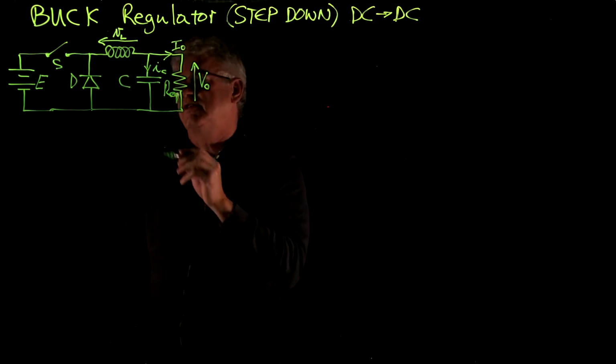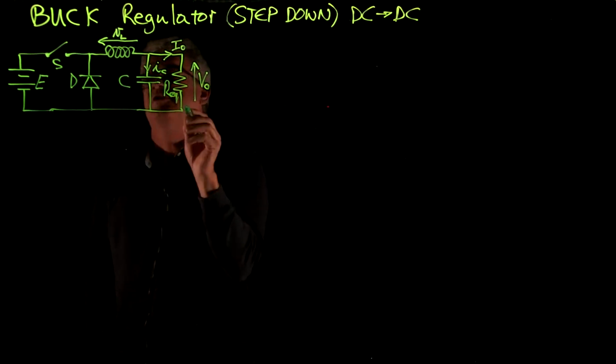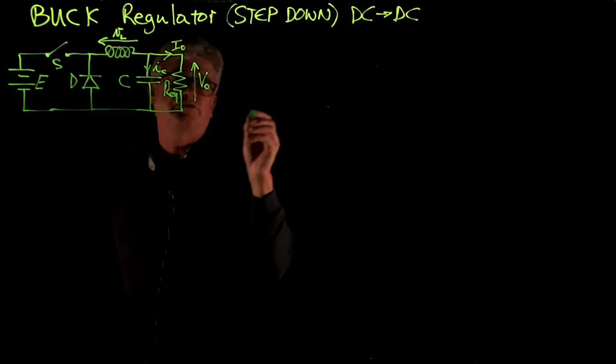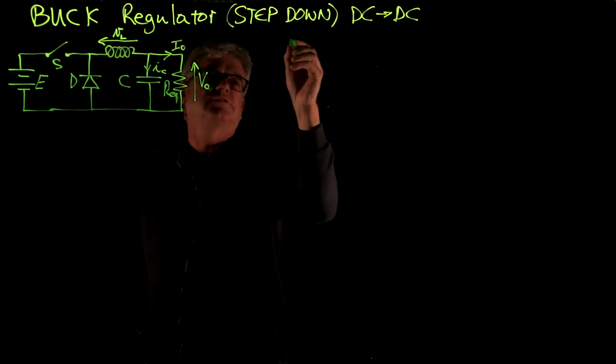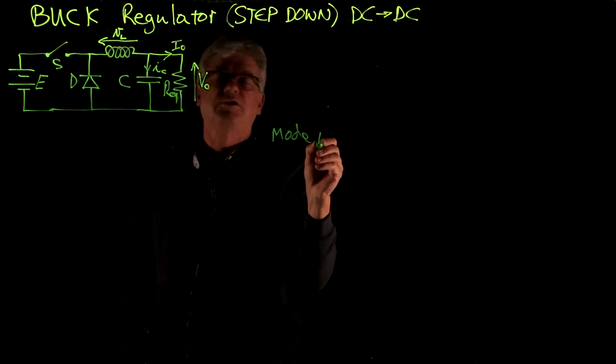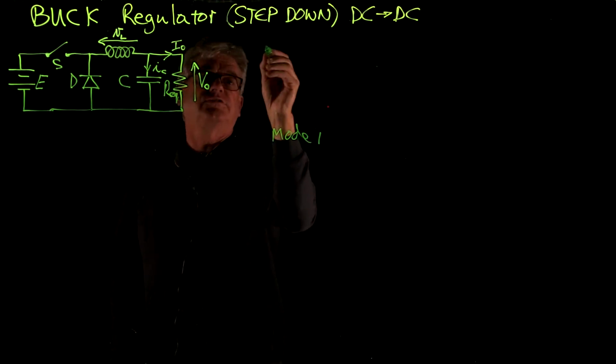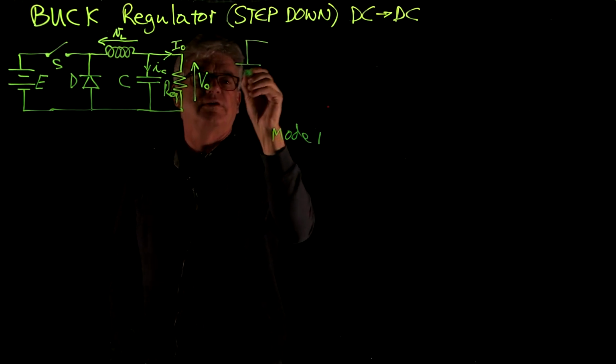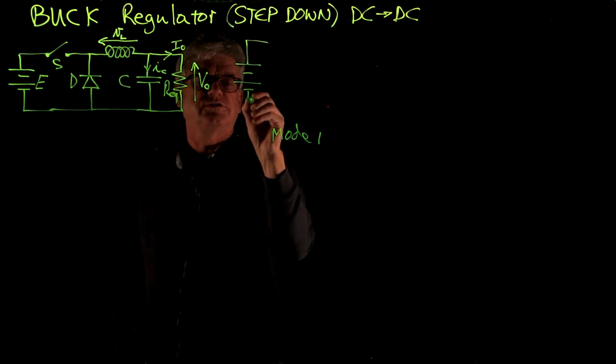So we can see that there are two modes of the circuit, two equivalent circuits. So if we go to, say, mode 1, when the switch is closed, we will have a circuit that looks like this.